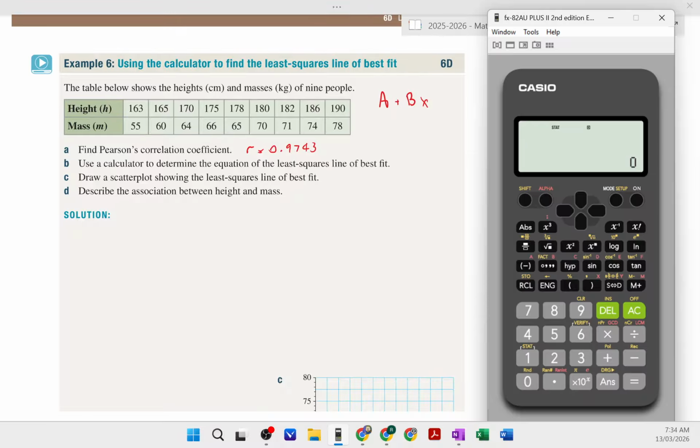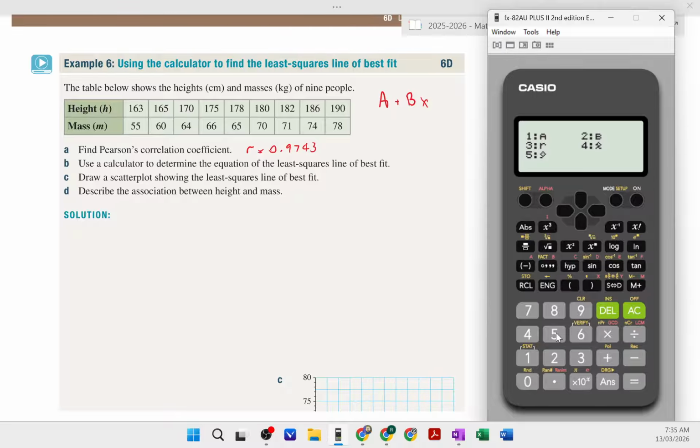If I go back to Shift 1, because we've already entered the data, we now have this regression. If I go to number 5, you'll notice there is an A and a B. So we're going to use this to find A and B.